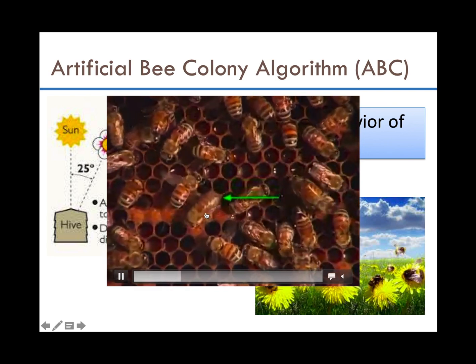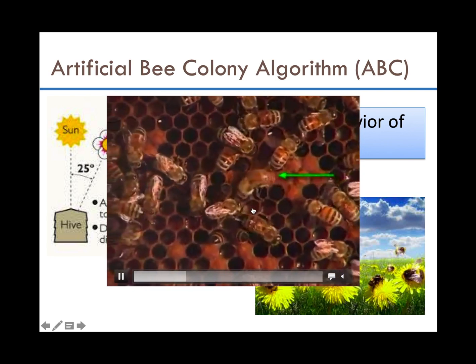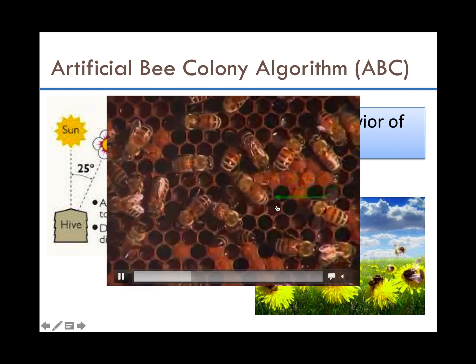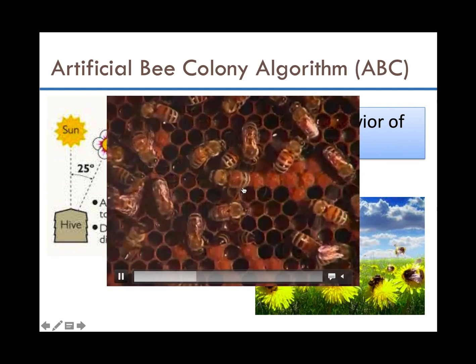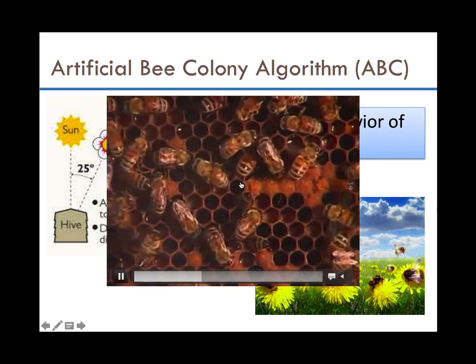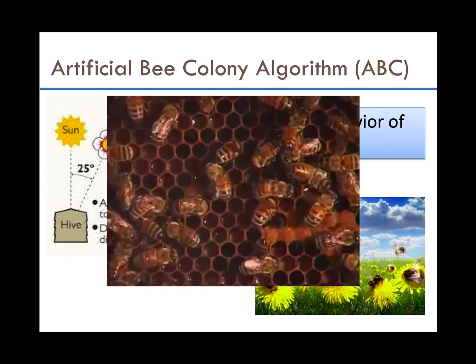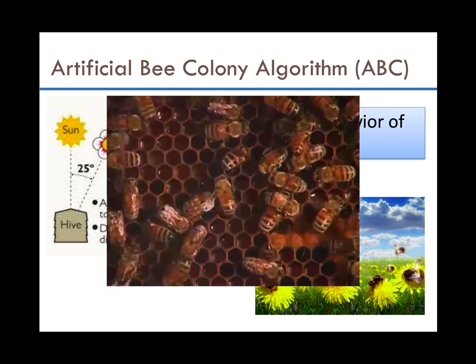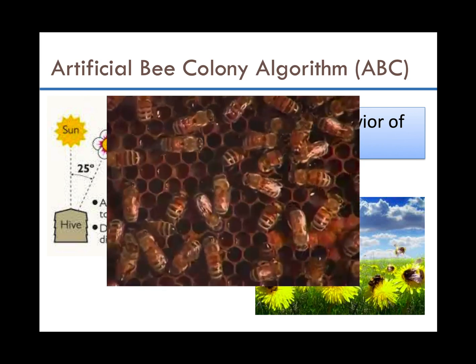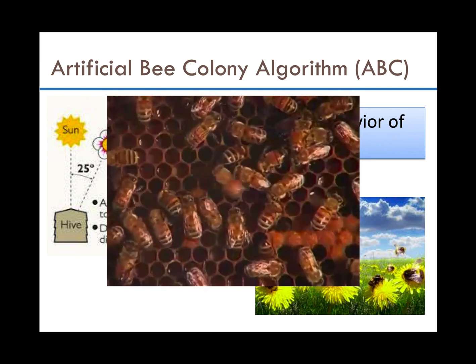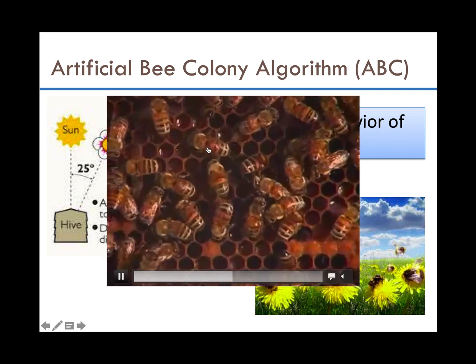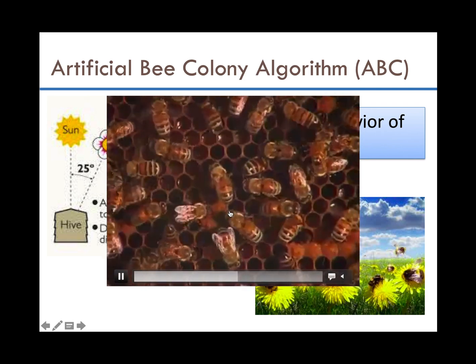The speed of the dance gives the distance of the flower from the hive, and the duration of the dance gives the information about the amount of nectar in that particular flower. And the taste of the flower is checked by other bees by touching the antenna of the dancing bee.